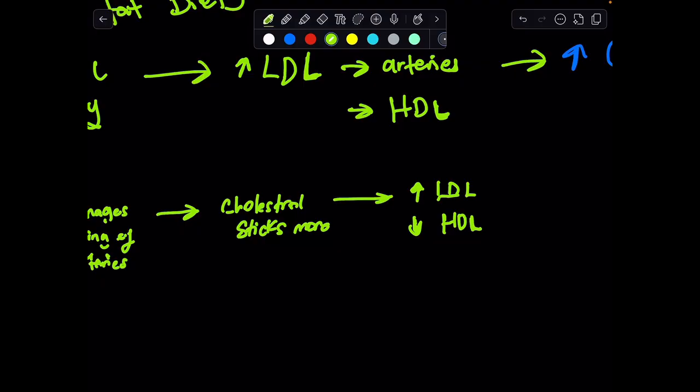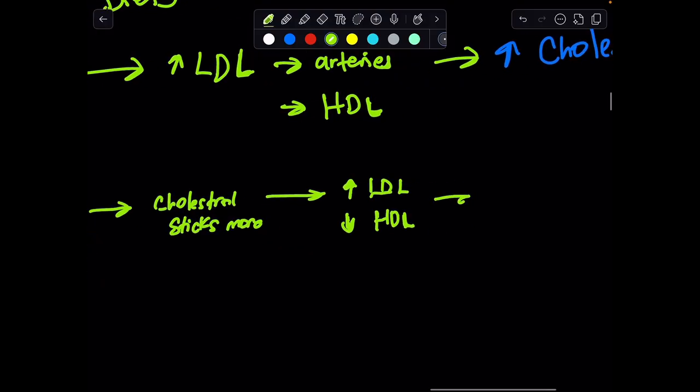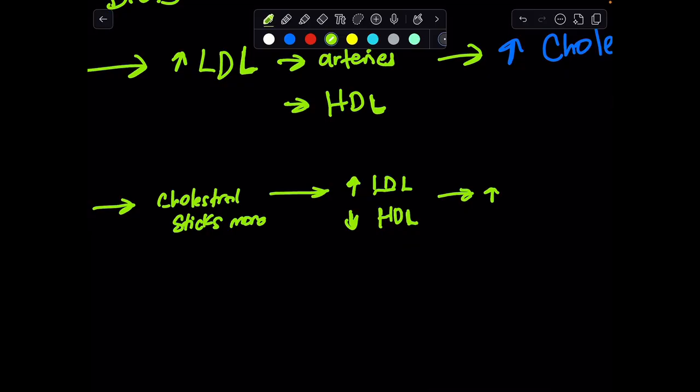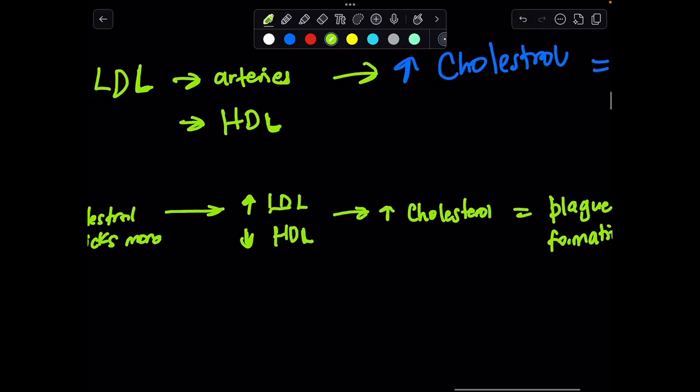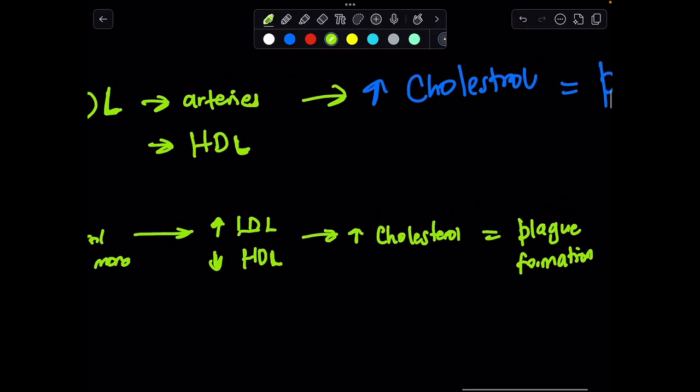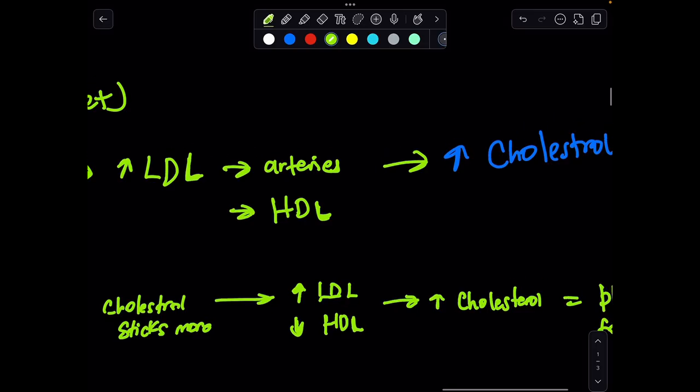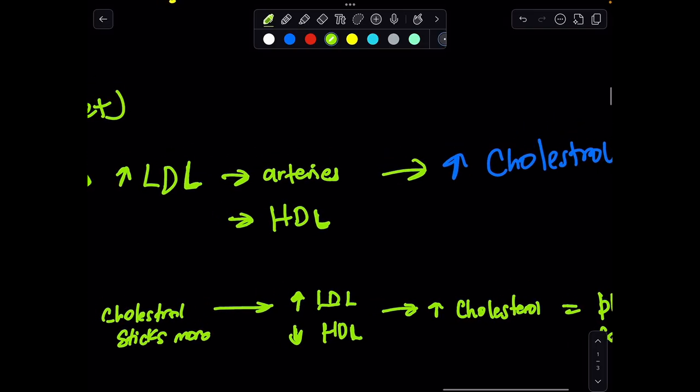Because it's not balanced, it causes increased cholesterol over time, which leads to plaque formation. I think it's pretty simple that it all comes back to plaque formation for everything. So yeah.